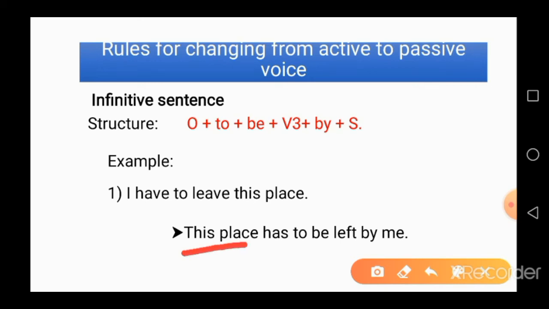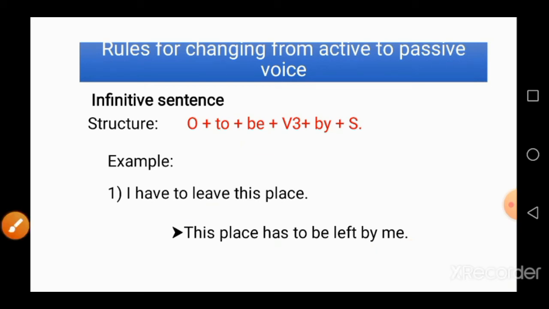This place is singular. So, instead of have, we use has, because has is the singular form of have. Then we take to, after to be, then the third form of the verb. The third form of leave is left, and then by, and finally the subject in its objective case of pronoun. So, the passive voice of I have to leave this place is: this place has to be left by me.